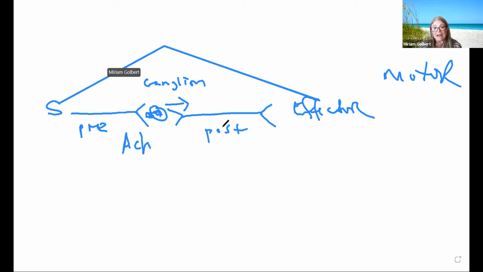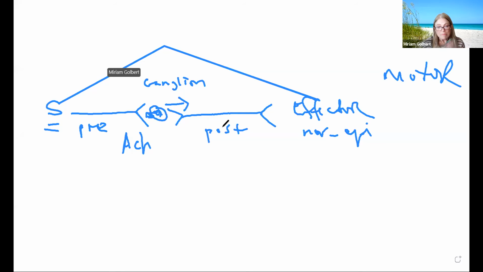So now the postganglionic fiber is a motor fiber, right? We're getting to the effector. Because we're in the sympathetic, the neurotransmitter here is going to be norepinephrine. And we know that norepinephrine is an excitatory type of neurotransmitter, right?